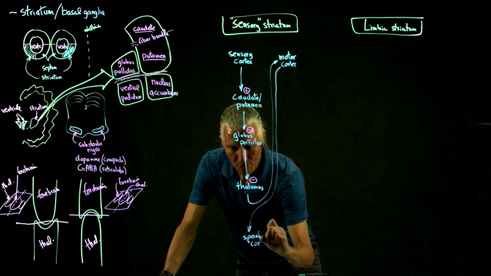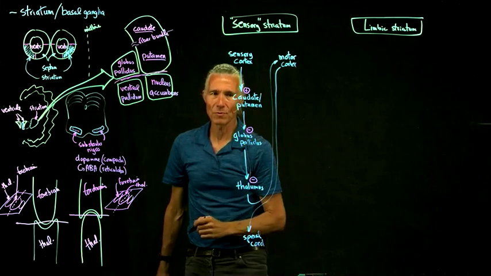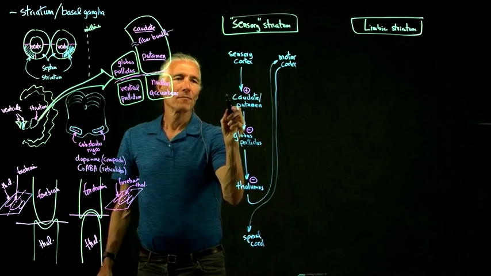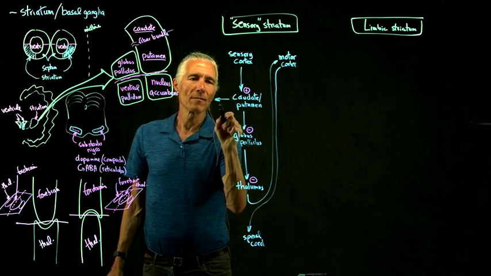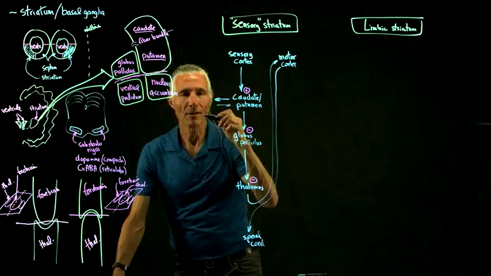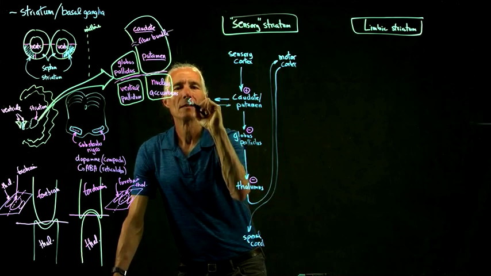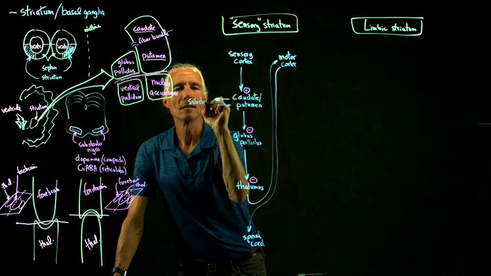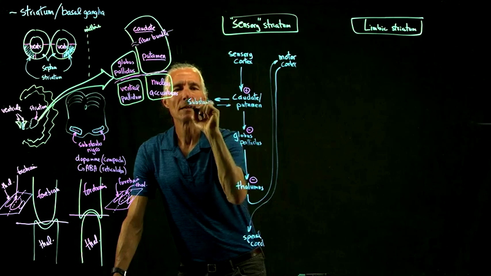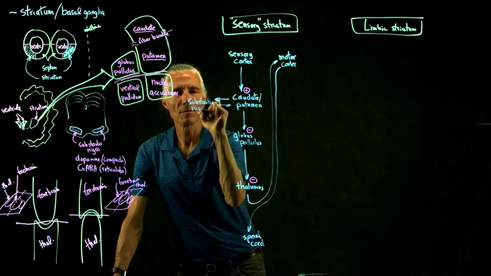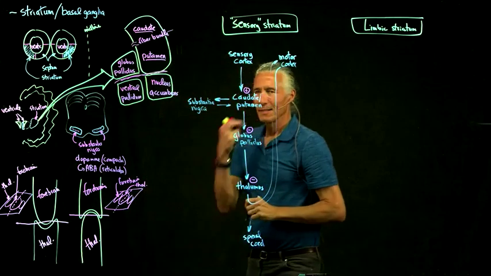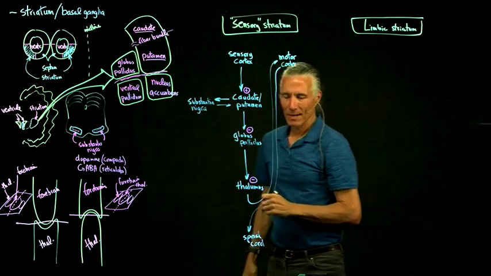And there's two other structures that we'll talk about that have projections back and forth. One of them is the substantia nigra. There's two parts of it, and we'll just leave it unsubdivided for now.